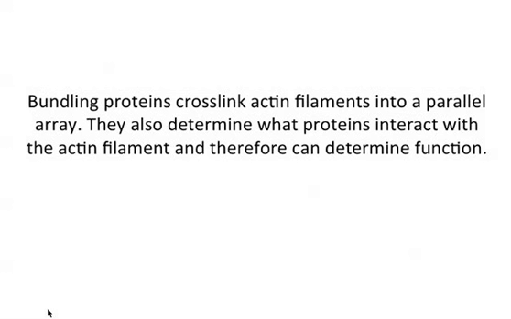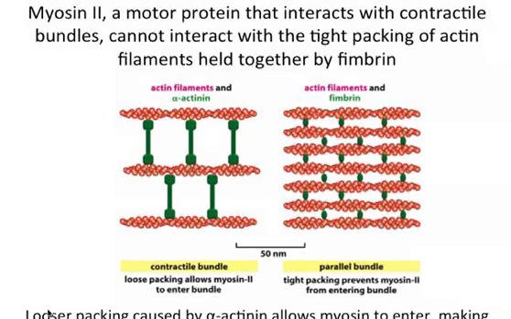There are many different bundling proteins, and that's because there are many different functions of actin. So you might want to start thinking about bundling proteins and the type of functions they might be involved in. For example, you can have bundling by alpha-actinin, and you can have bundling by fimbrin.